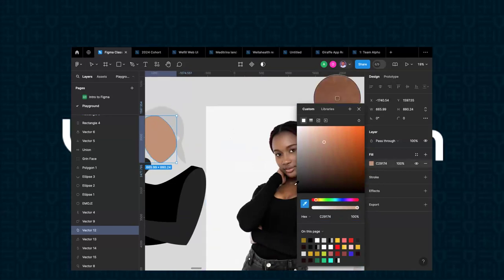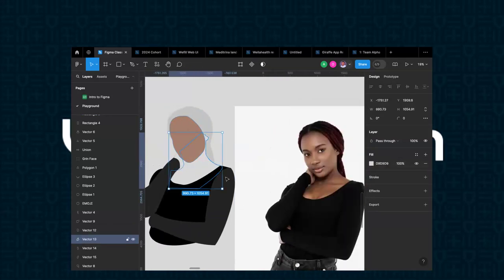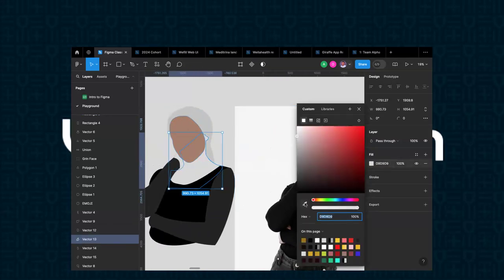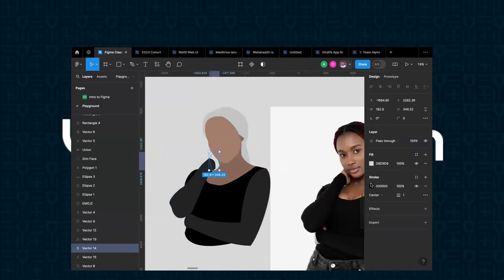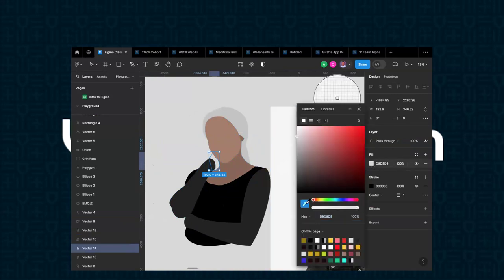Not too much, she's looking too white. Yes, that's better. Then this color, I'm going to pick this color and make it a bit darker by pulling it down here, right? This makes sense. And then the color of the hand, in order to separate it from the rest, I'm going to make it brighter than all three. So I'll pick this one and then make it a bit brighter, right?